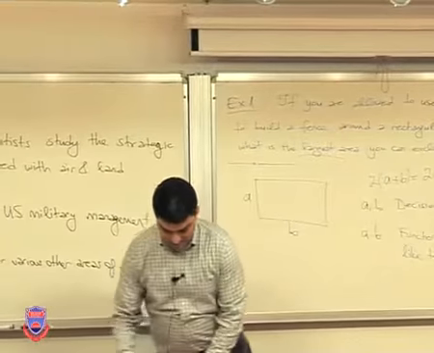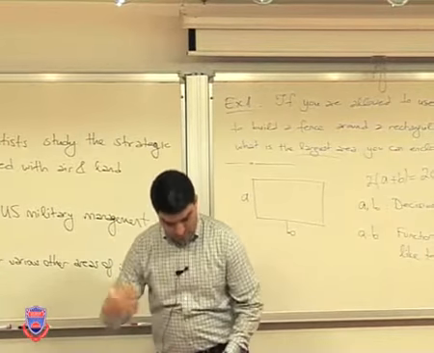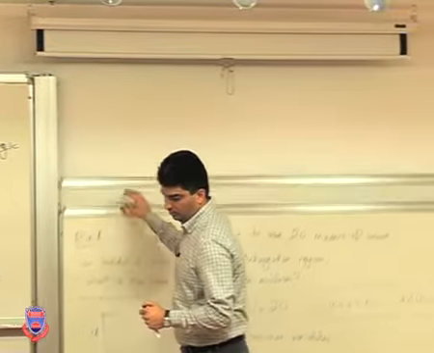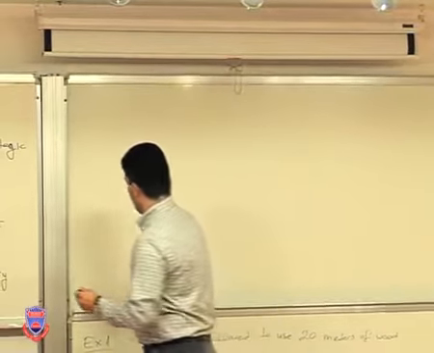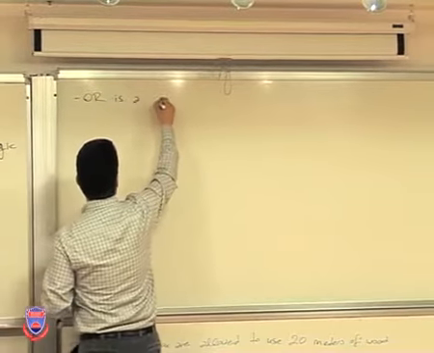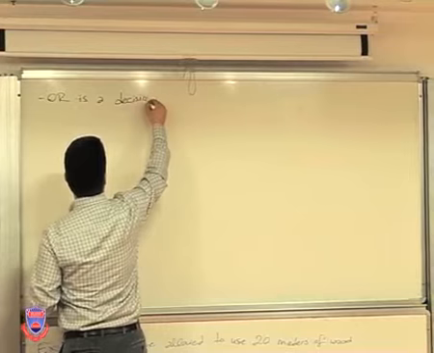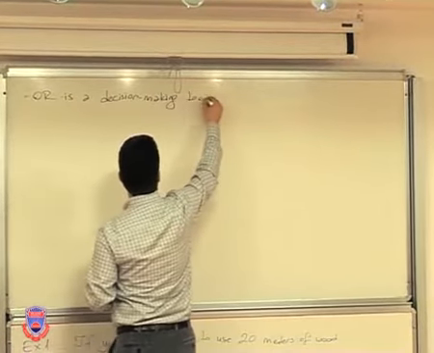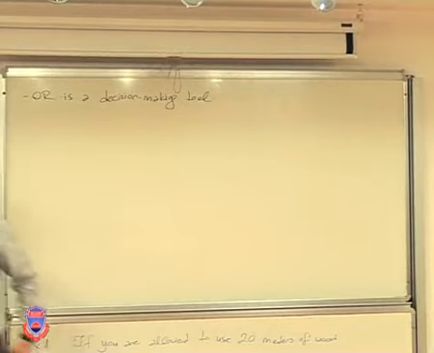So there's one last thing that I would like to talk about before we really start the course. So the bottom line is the following. OR is a decision-making tool. So this is important to keep in mind.